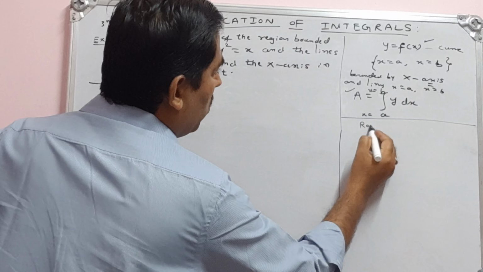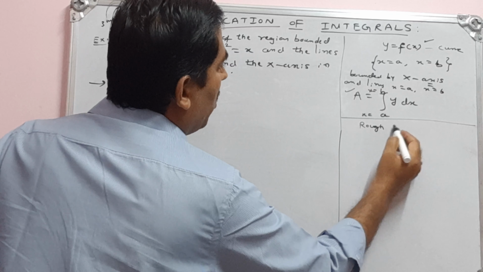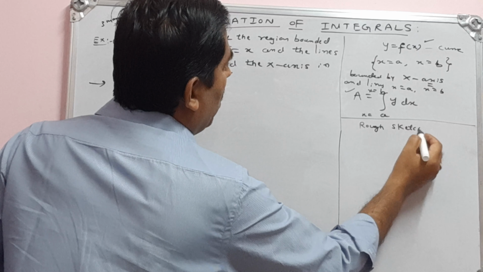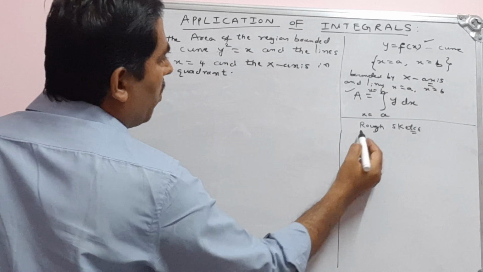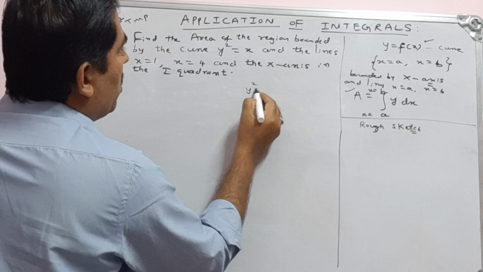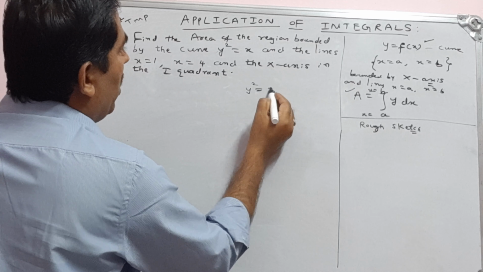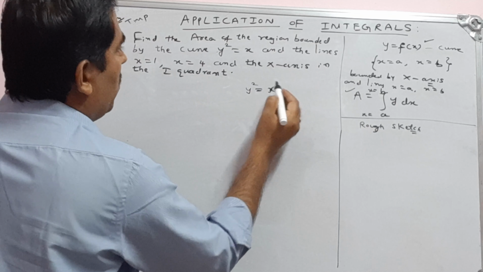Before going to the problem, let us draw the rough sketch. Rough sketch means we have to see the given curve. Observe carefully what I am doing here. We have to draw the graph of the function y square is equal to x.